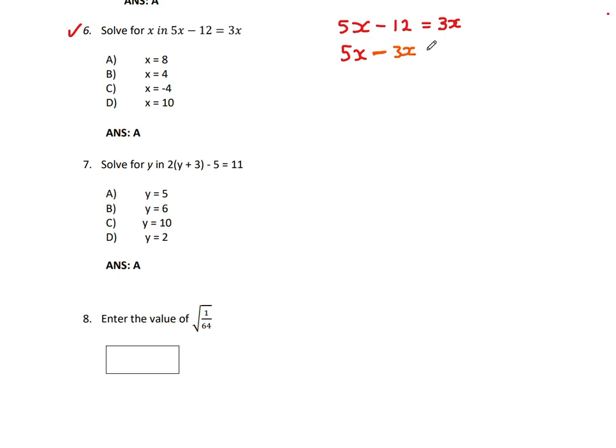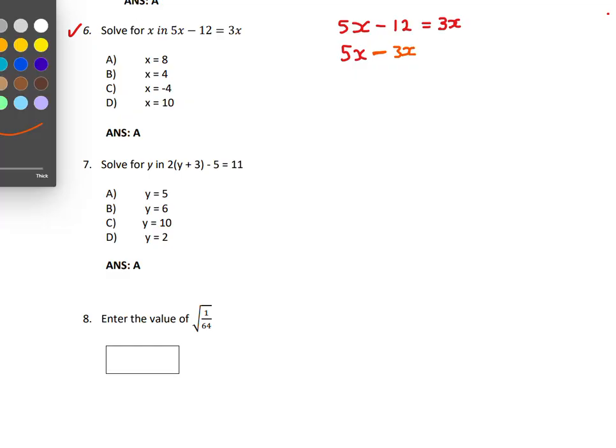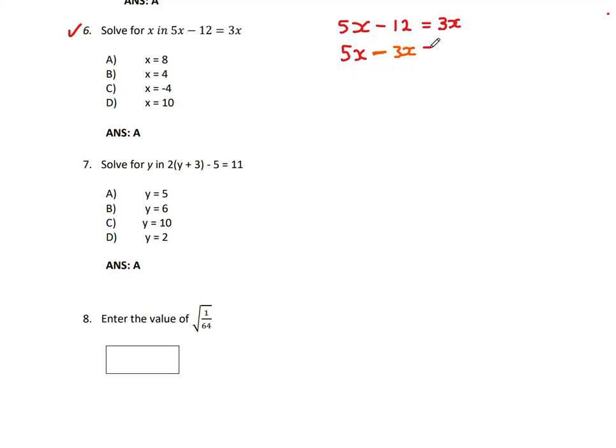So I now have brought the x's together on the side where x is larger, which is the left side of the equation. And I'm going to write here equal, and my next step is to get rid of this negative 12 from the left side of the equation. So I'm going to carry out inverse operations for that negative 12 as well.